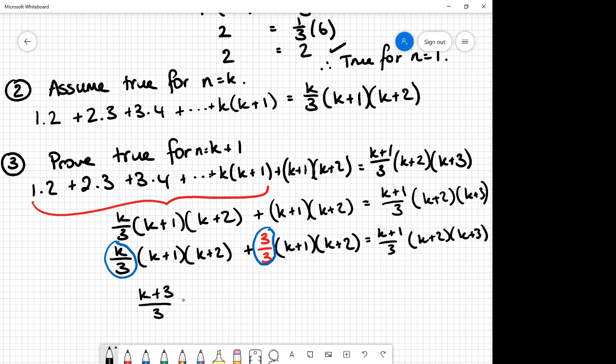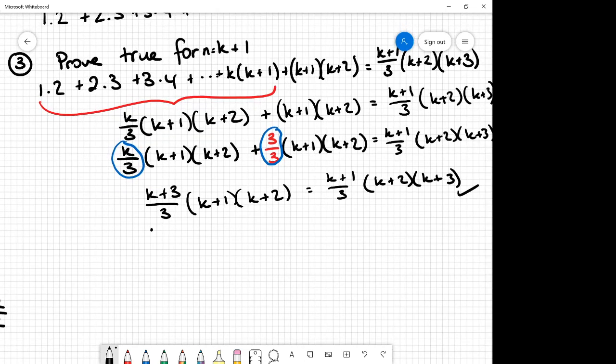So we've got k plus 3 over 3 by k plus 1 by k plus 2 is equal to k plus 1 over 3 by k plus 2 by k plus 3. Okay, and the two sides there do match up. They're in different orders, but multiplication is commutative, so the order that they're in doesn't actually change any values.